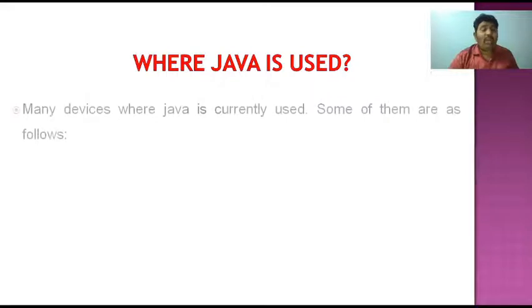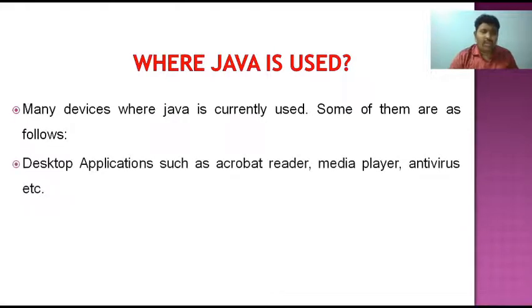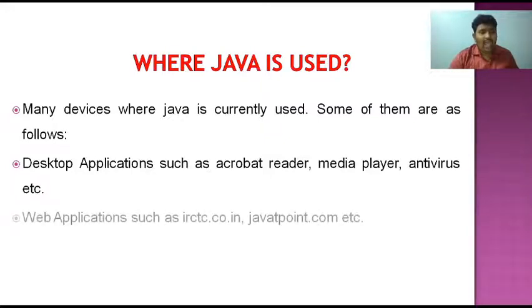Where can Java be used? You can ask me, and the answer is everywhere. Some of the areas I will mention: desktop applications such as Acrobat Reader, Media Player, Antivirus are all software developed using Java. Also web applications like IRCTC, Make My Trip, flight websites, and so many other websites are developed using Java.